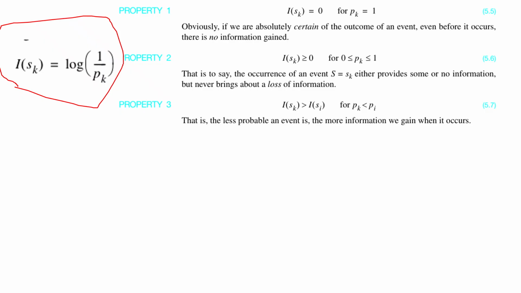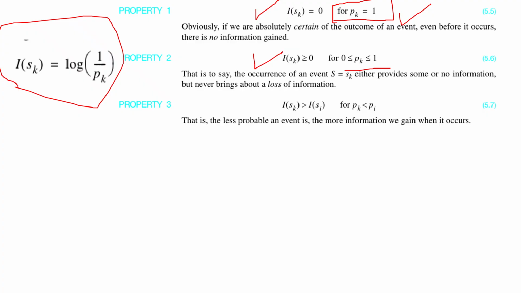So here some properties are there. Ik is equal to 0 for pk is equal to 1. It means if probability is very high, not very high, exactly 100%, in that case there is no information, so Ik will be 0. And if probability is in between 0 and 1, of course, then information will be greater than or equal to 0.